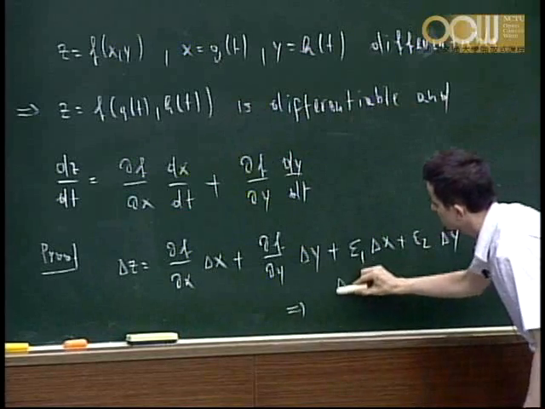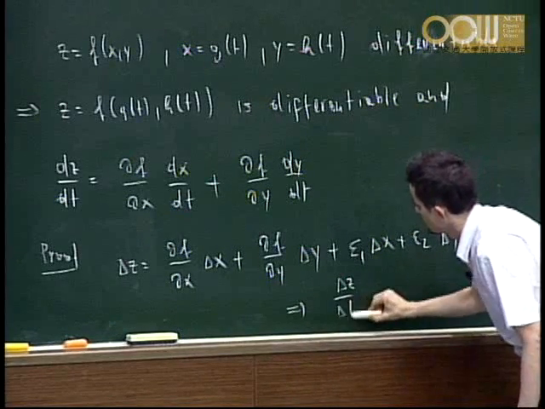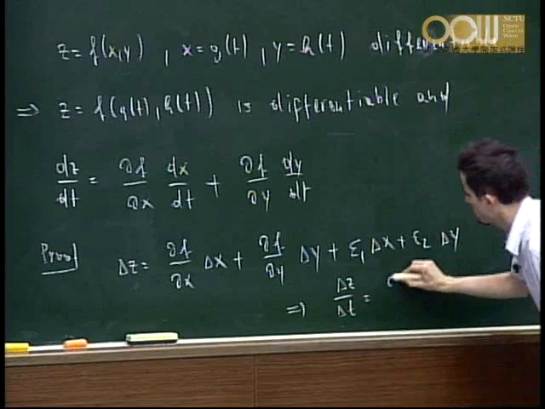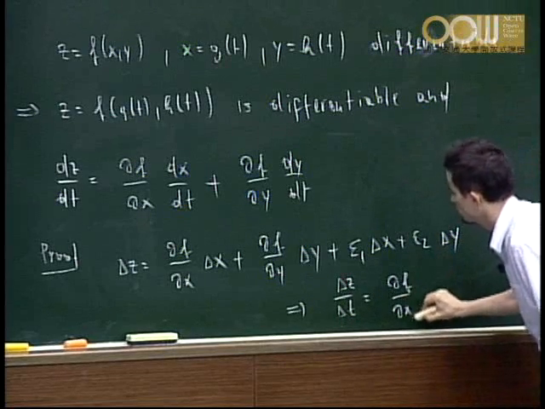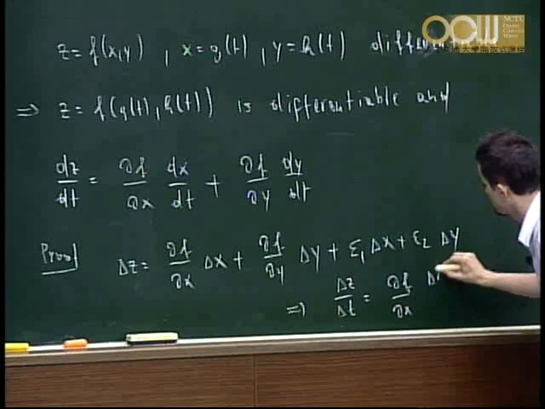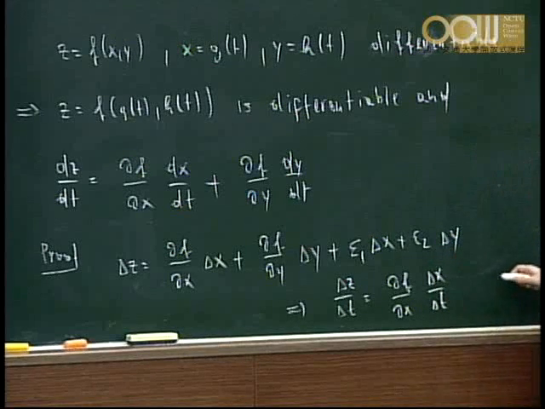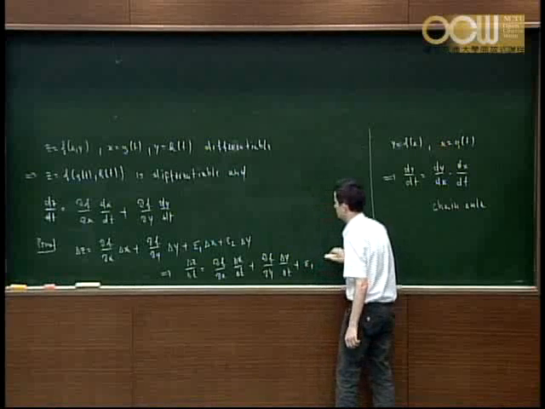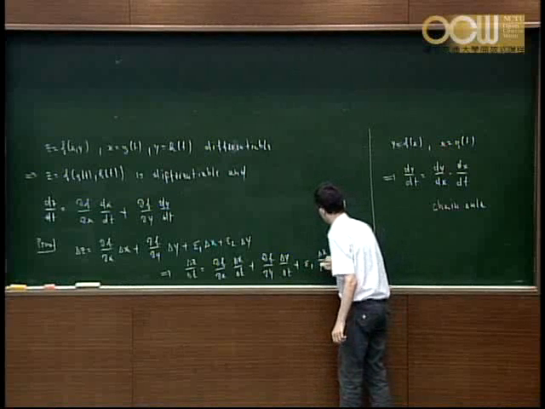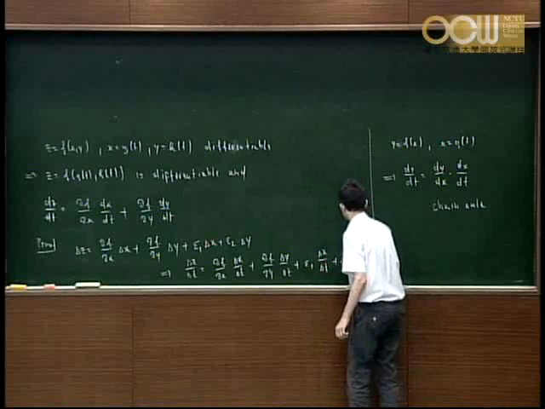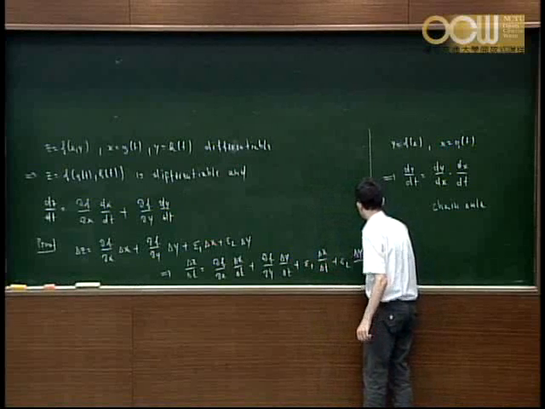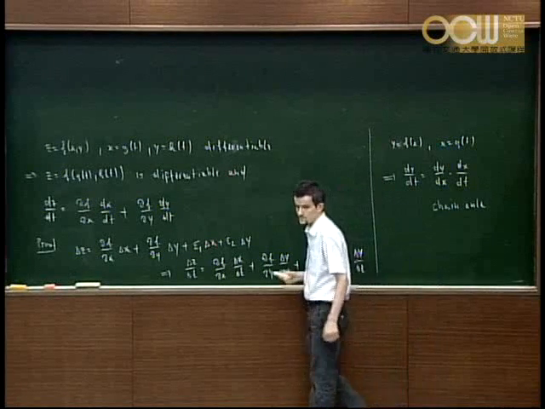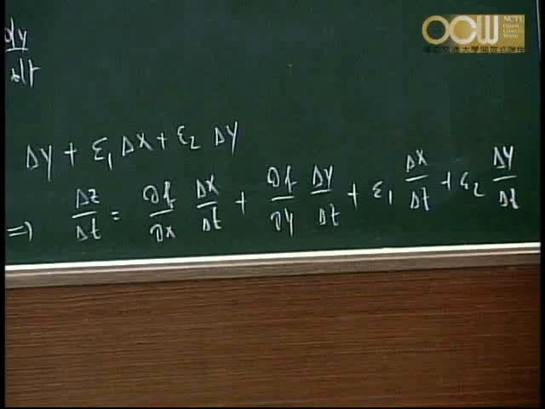Then what we obtain is delta z over delta t equal to the partial derivative of f with respect to x times delta x over delta t, plus the partial derivative of f with respect to y times delta y over delta t, plus epsilon 1 times delta x over delta t, plus epsilon 2 times delta y over delta t. And now things are pretty easy.